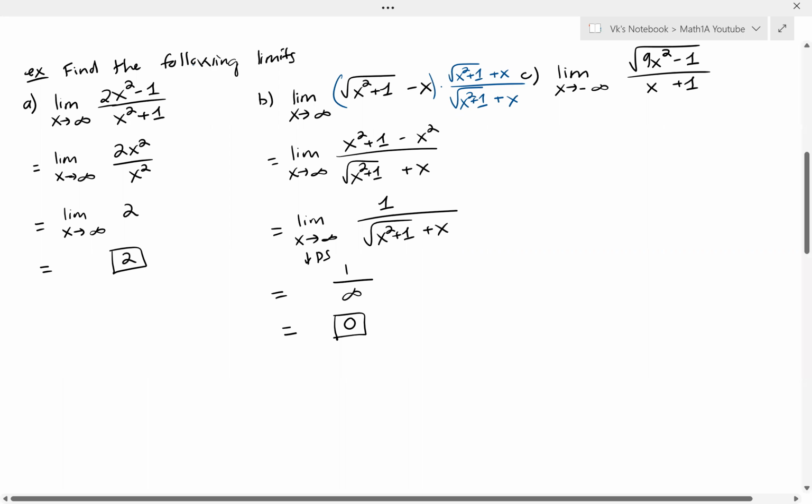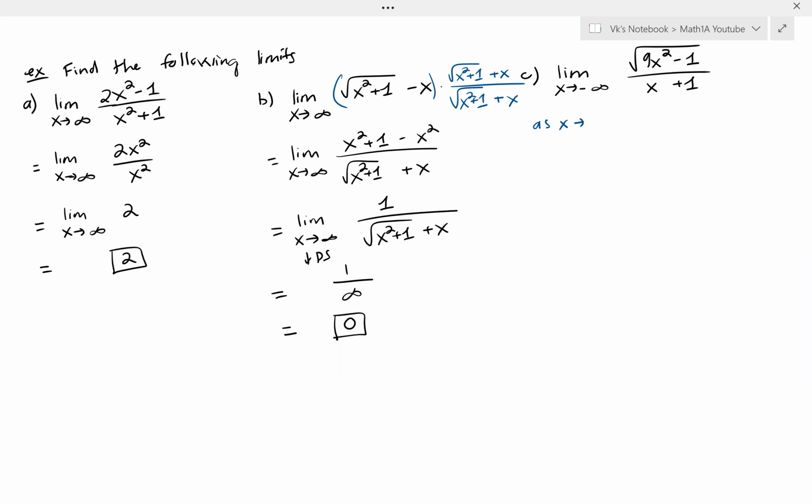So as x goes to negative infinity, x is a negative number, so it will be negative root of x squared. And so 1 over negative root of x squared is the same as 1 over x.